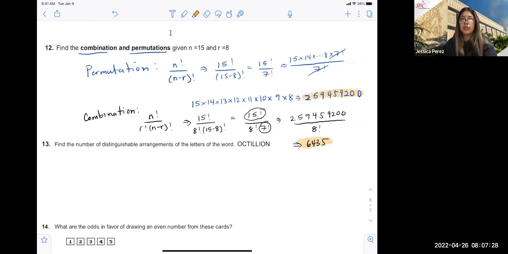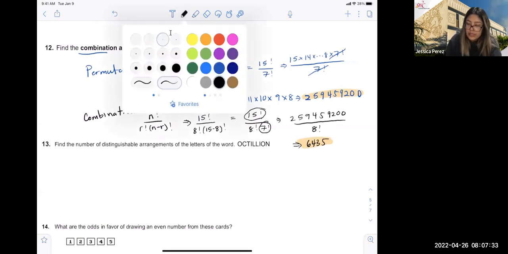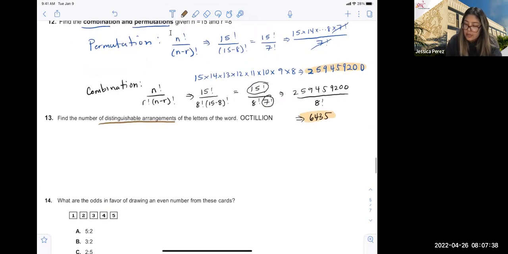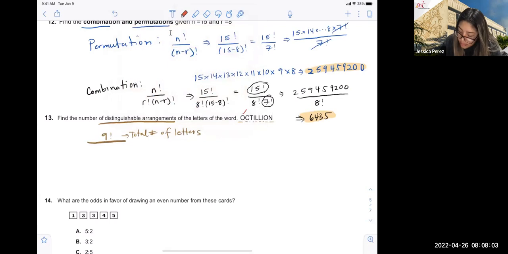And you're going to be able to use your calculators here. Now, for number 13, distinguishable arrangements, you have to count the number of letters: 1, 2, 3, 4, 5, 6, 7, 8, 9. So 9 factorial, this is the total number of letters. And then here you divide by the repeated letters. How many O's do I have?